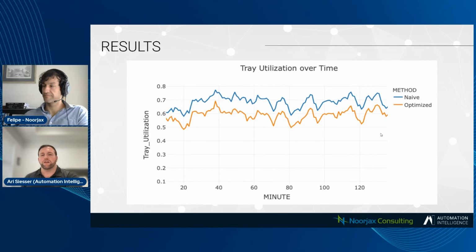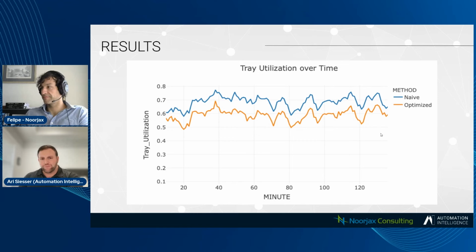The naive method, the first in, first out, is going to hit the ceiling. There are going to be too many recirculating parcels that are taking up more trays, and it's not going to leave enough room for additional parcels to enter the system.